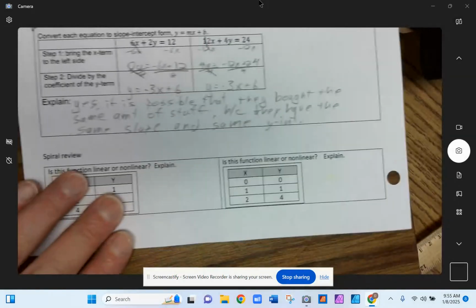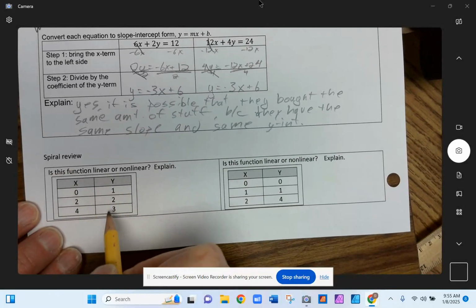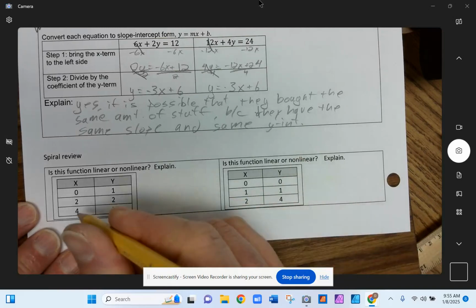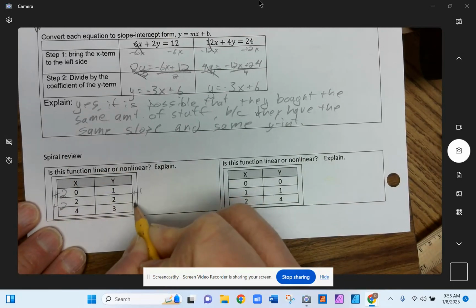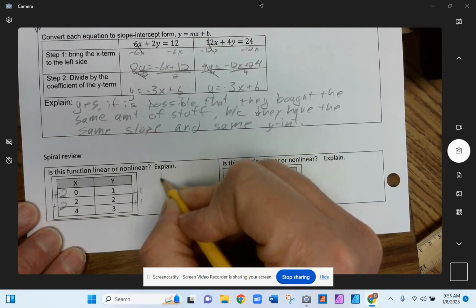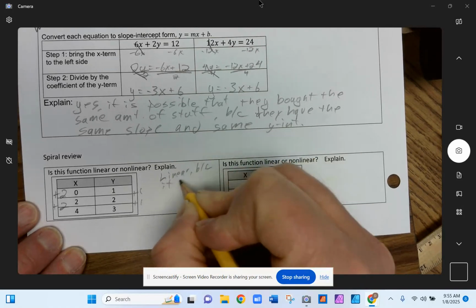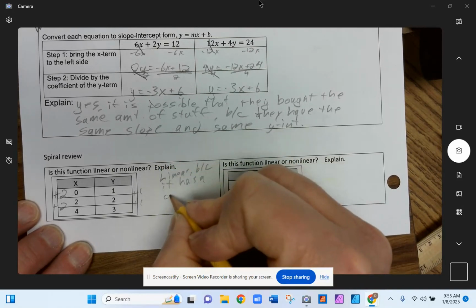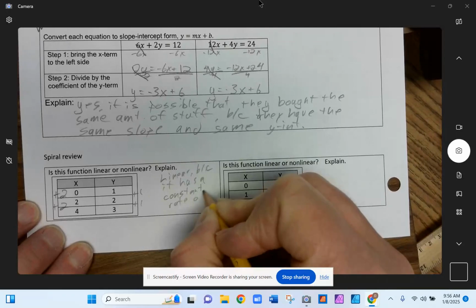So spiral review, this is on the test. You're going to be tested on whether functions are linear or nonlinear. The idea is you figure out you're changing your x's, changing your y's, and if you have the same number, then it's linear. So we're adding 2 here each time, and we're adding 1 here each time. Same number, so it's linear because it has a constant rate of change.